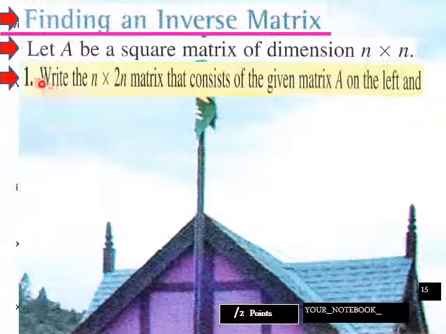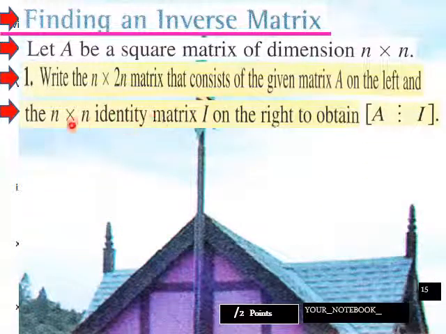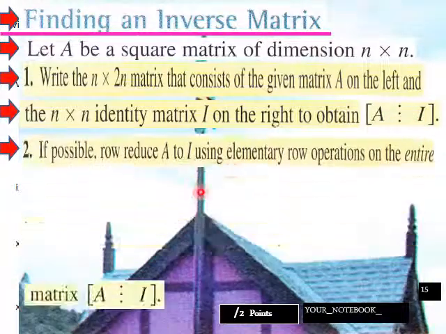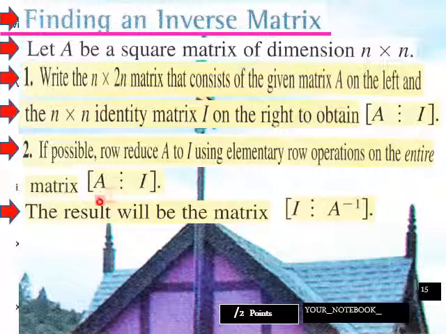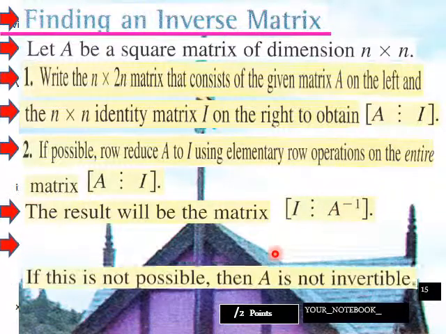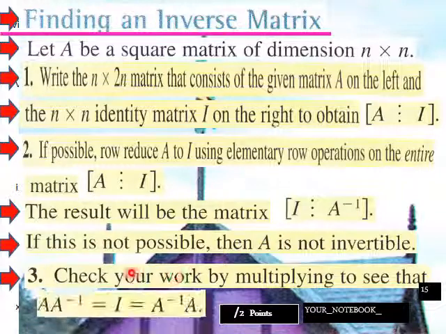So to find it, rule number 1, write the n times 2n matrix that consists of the given matrix A on the left and the n times n identity matrix on the right to obtain A, therefore I. 2, if possible, now reduce A to I using elementary row operations on the entire matrix A, therefore I. The result will be the matrix I, therefore inverse A. If this is not possible, then A is not invertible.